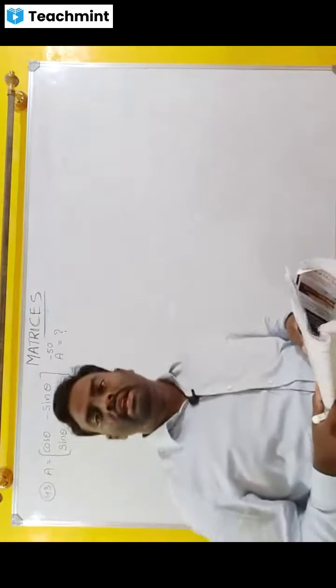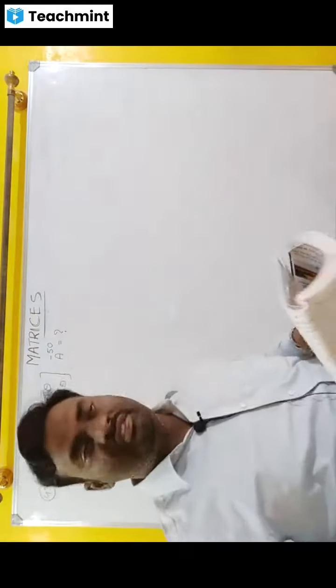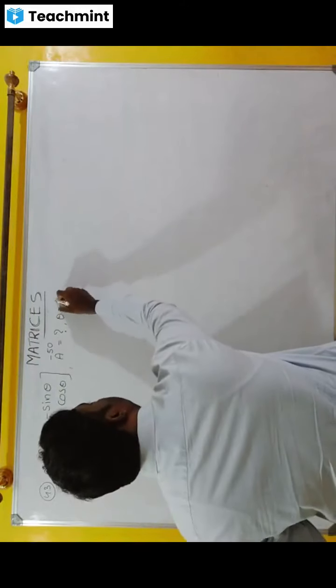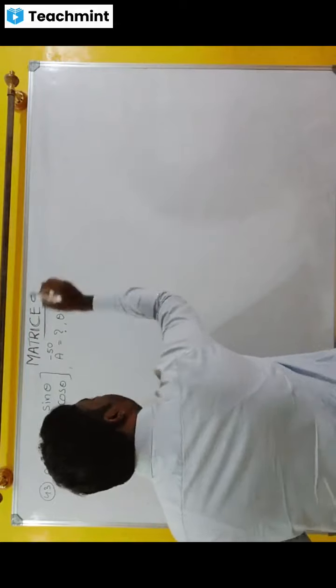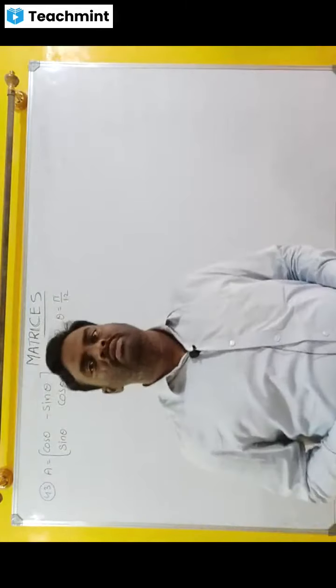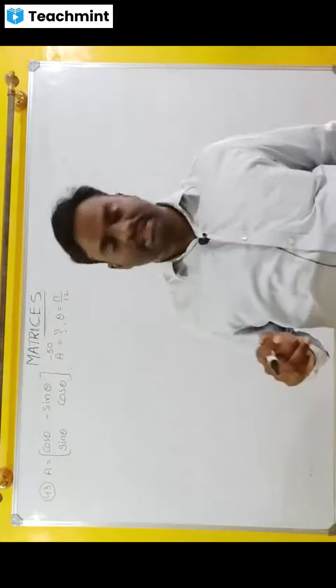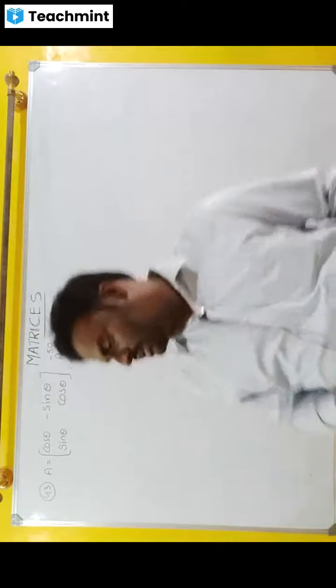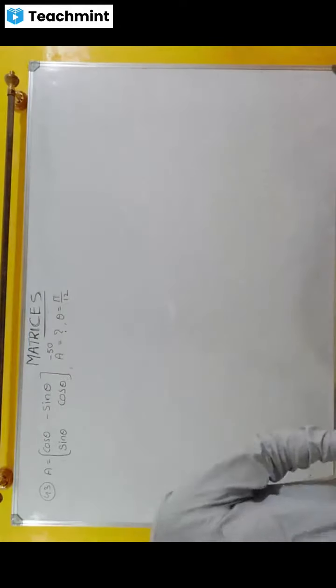We need to find A power minus 50 when theta is equal to pi by 12. This question is very, very important, and this question was asked in JEE 2019. Okay, so we'll discuss how to solve this.